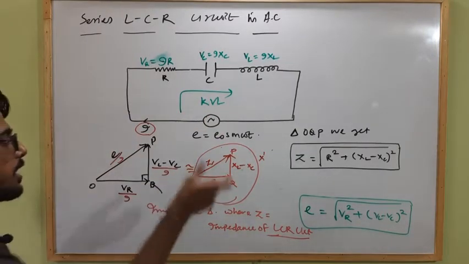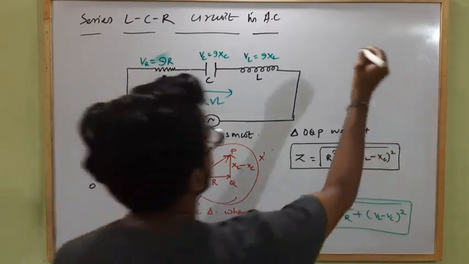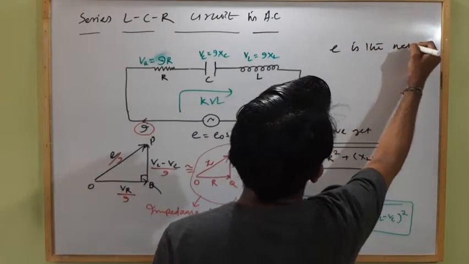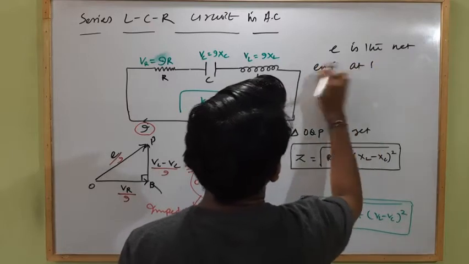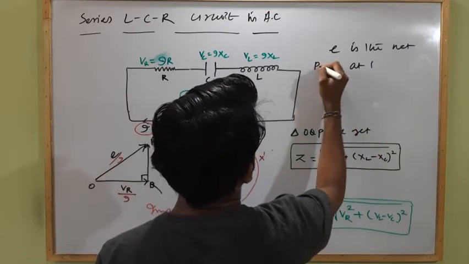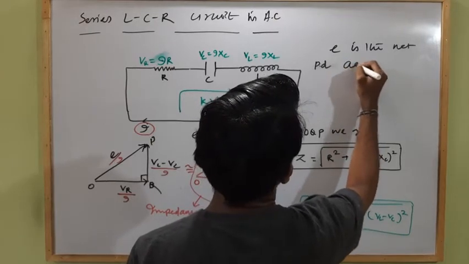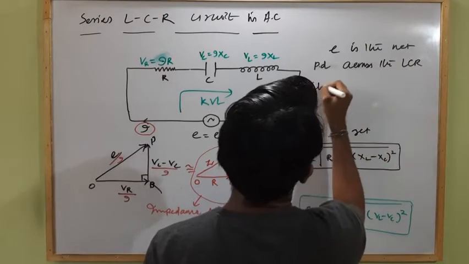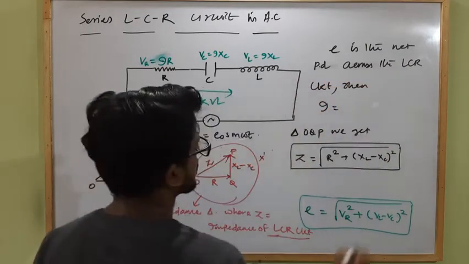Clear? So if at that instant E equals the RMS value, E is the net EMF, the net potential difference across the LCR circuit, then the current I will be equal to how much?